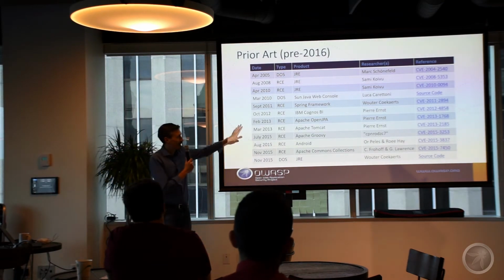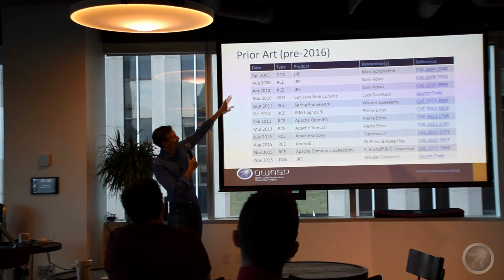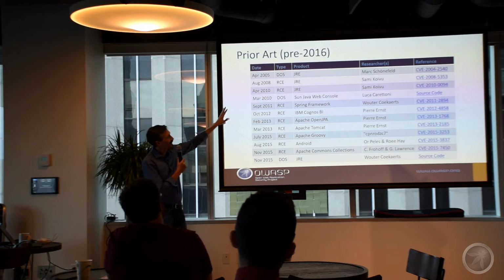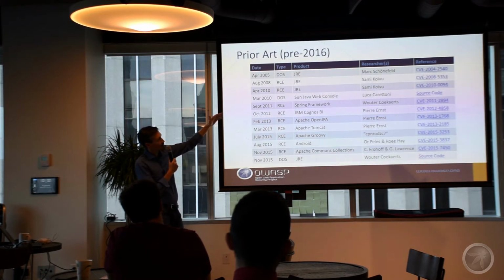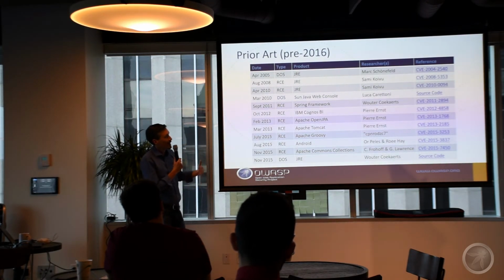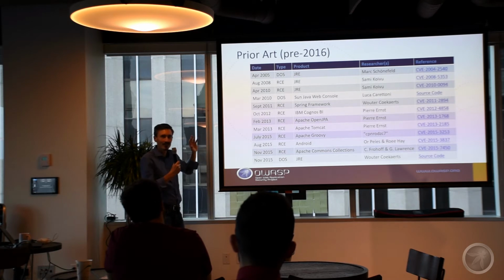I always like to put this slide up, not only because my name is all over it, but because it shows how long this has been going on. A guy named Mark Schoenfeld in 2005 gave a talk at Black Hat, just the same talk I'm giving today. I think this speaks to the fact that we fail collectively at alerting developers that this was a thing.